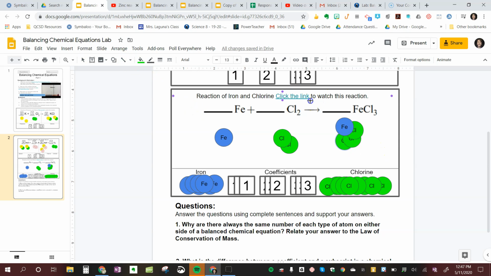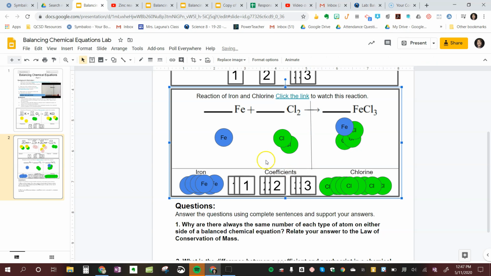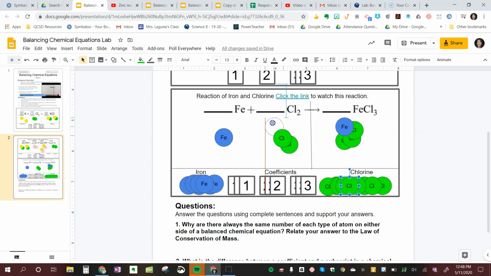I'm going to draw a line down the middle to separate the 2 sides. So Angelina, you've got to make sure that there's the same on both sides. Okay. So you would have to add another chlorine molecule to the left. Is it called chloride? It's called chlorine molecule.